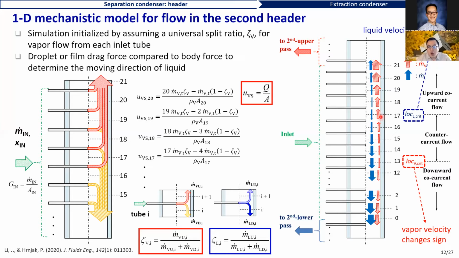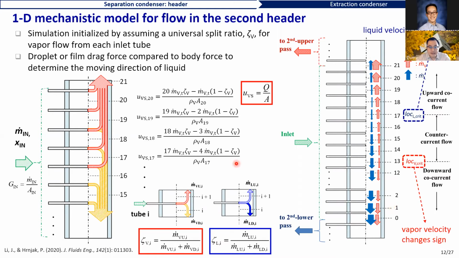And once we know how much liquid coming from one tube goes up, we can accumulate all the upward moving liquid flow rate and add them together. Then we will be able to calculate the liquid flow rate at the upward exit plane and the downward exit plane, and thus derive the final separation efficiency.